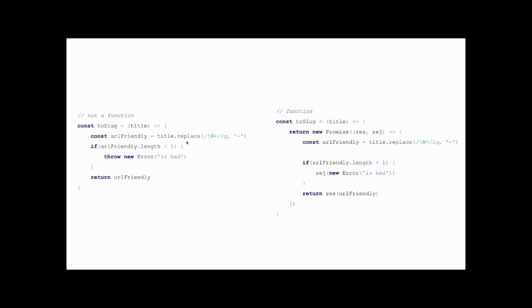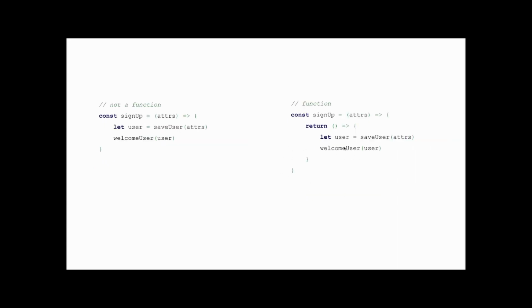This is very similar to the console log example that we had. I just wanted to mention that throwing errors causes a function not to be a function anymore. Whereas if you return a promise that handles the error and returns an error in the case of an error, you are doing things right, and this is called a function.